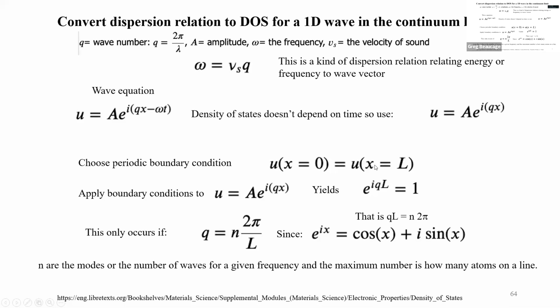So you say 1 equals e to the i qL, and log of 1 is 0, so iqL equals 0, and somehow this works out. This only works if q is n times 2 pi over L.